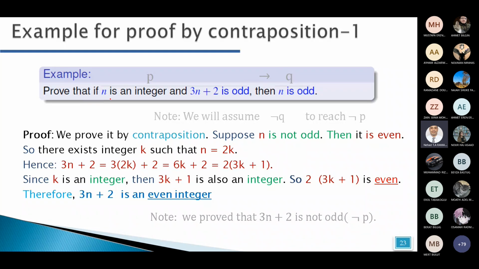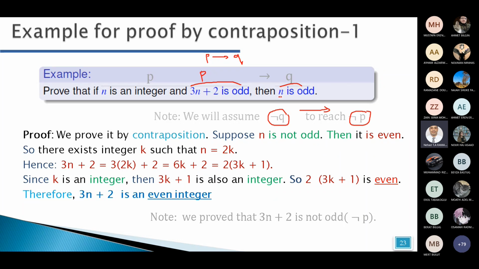It proves that if n is an integer and 3n plus 2 is odd, then n is odd. The statement 3n plus 2 is odd is the most important part, it's P. Okay, this is P implies Q. Now we will start from not Q to reach not P.